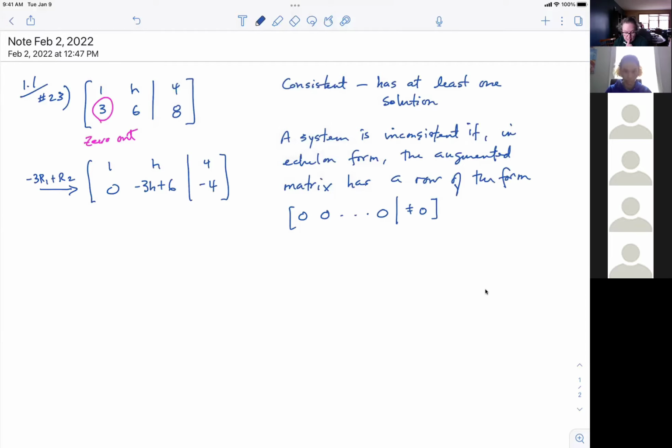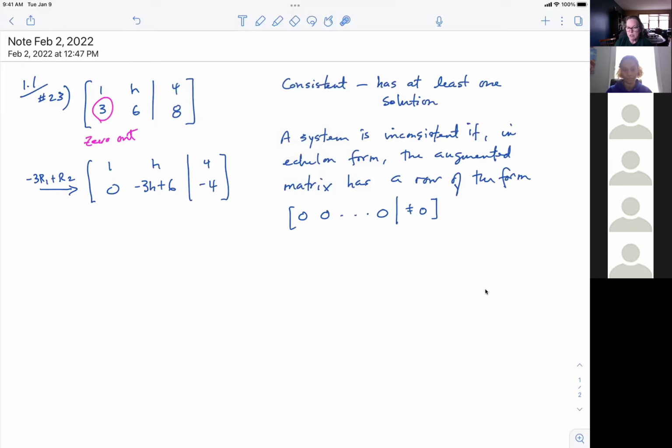Now at this point, the matrix is in echelon form. If you remember the rules, one rule is if there are any rows of zeros, they're at the bottom. We don't have any rows of zeros. If we have a leading entry, we zero out below it. We have a leading entry here and we've zeroed out below it. This thing here could be a leading entry depending on the value of h, but there's nothing below it, so we don't need to worry.